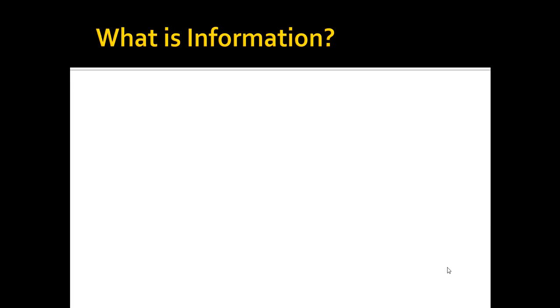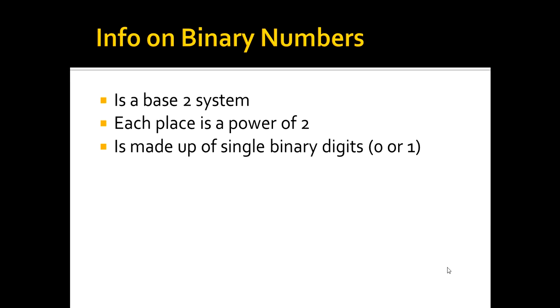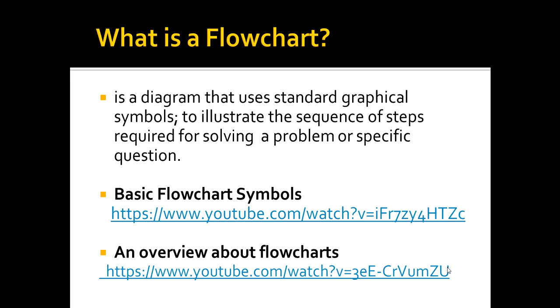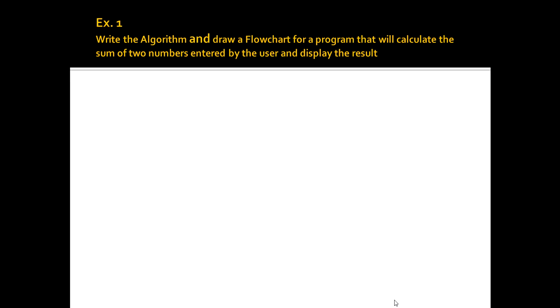Okay, here we have the slide of the algorithm again. And here we have the definition of the flowchart. We will come back to the flowchart. Here we have an example. Write the algorithm and draw the flowchart for a program that will calculate the sum of 2 numbers.